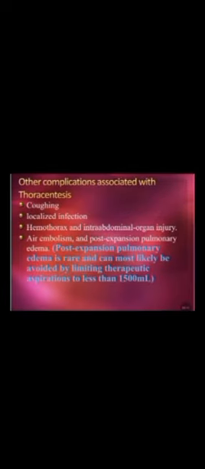Air was aspirated from the pleural space during the procedure, the patient develops chest pain, dyspnea or hypoxemia during or after the procedure, or multiple needle insertions were required. Other complications associated with thoracentesis include coughing, localized infection, hemothorax, intra-abdominal organ injuries, air embolism and post-expansion pulmonary edema.